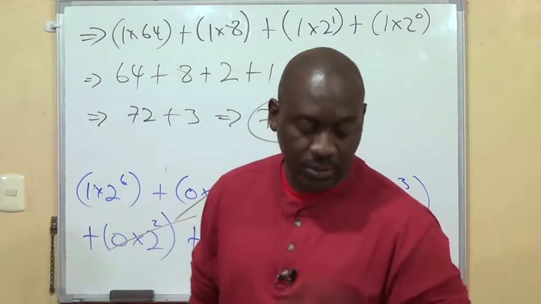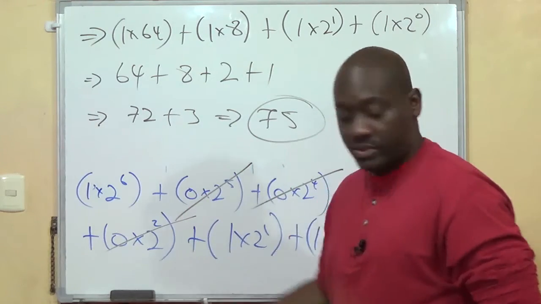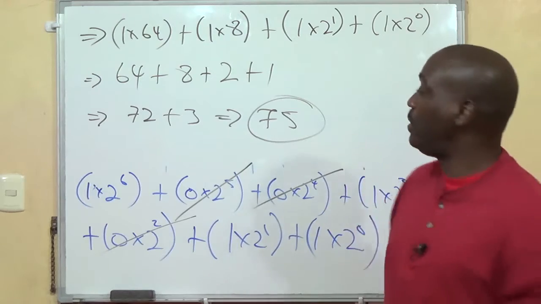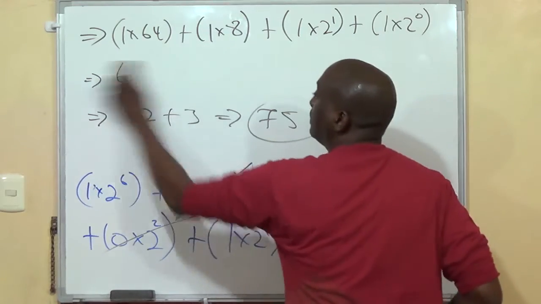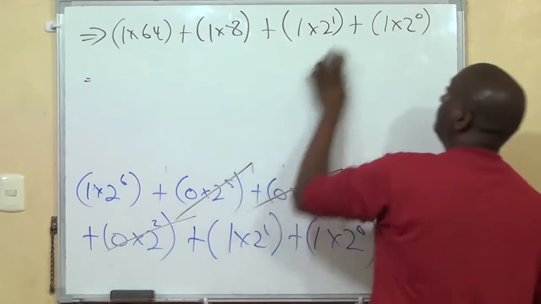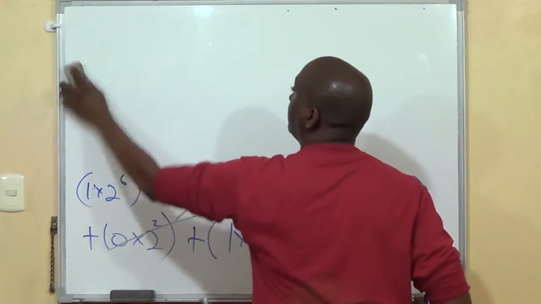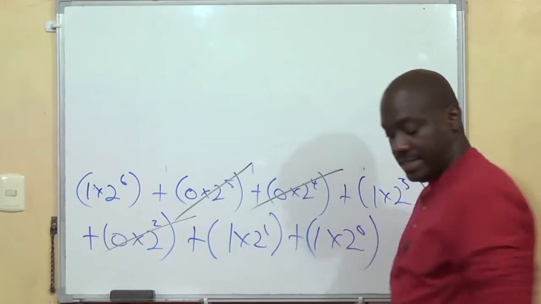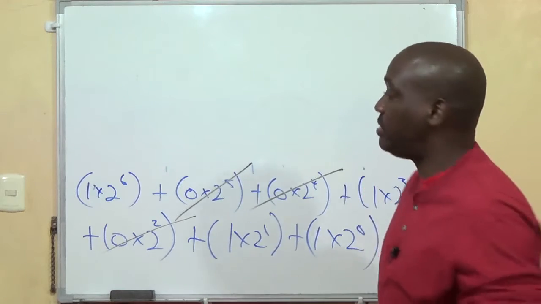So now let us go to base 3. In base 3, we know that 75 in base 3 is 2210.